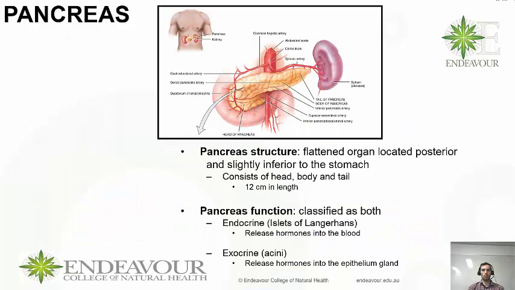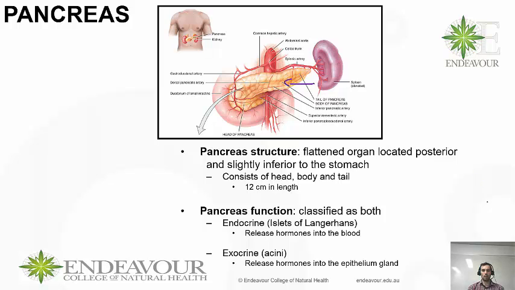Alright, so we've talked a lot about glucose and how we can control its level in the blood, and we've briefly referred to the pancreas, but let's have a little bit more of a look at the pancreas and its functions. So essentially, the pancreas is the structure we see here in the orange.